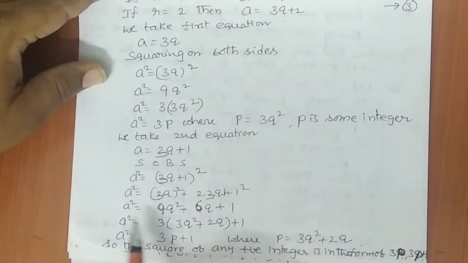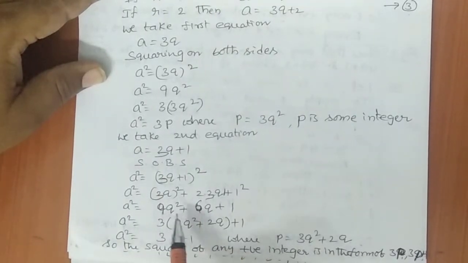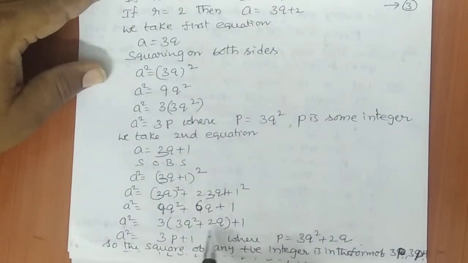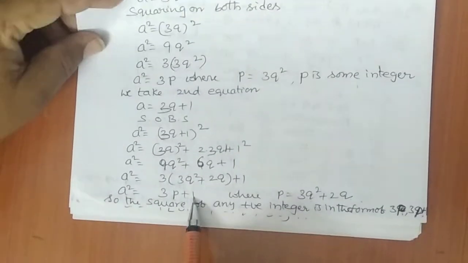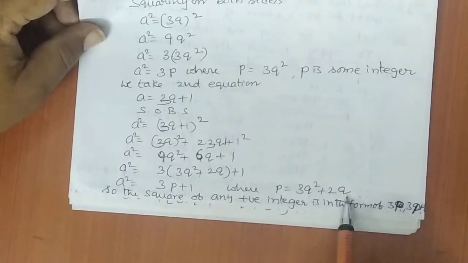So a square equal to 9q square plus 2 times 3 is 6 into 1, 6q plus 1. 3 is common in these two values, so 3 of 3q square plus 2q, plus 1. So a square equal to 3p plus 1, where p equal to 3q square plus 2q. The value of p is some integer.